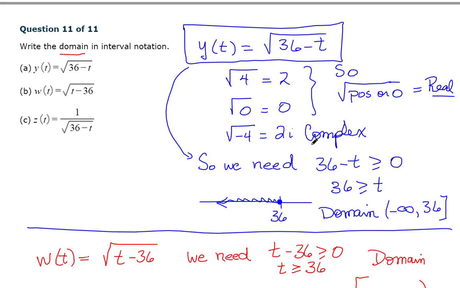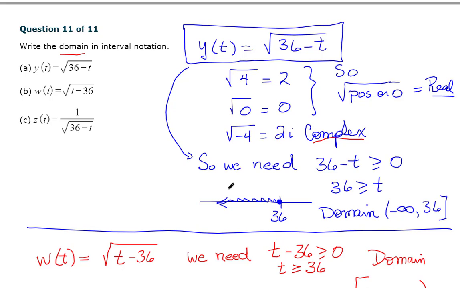That's a complex number. I don't want that. What I want is I'd like to have a real number to come out as an output. So that means I need the inside part to calculate to be positive or 0. Because if that happens, then the square root of that is a real number.